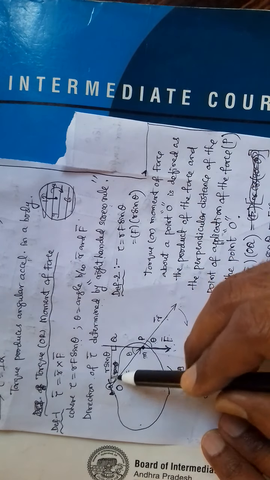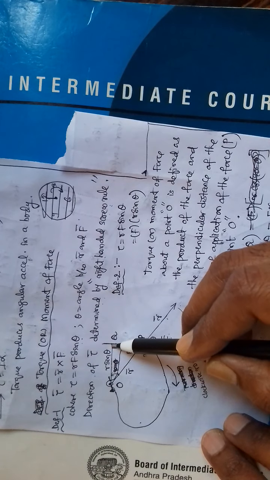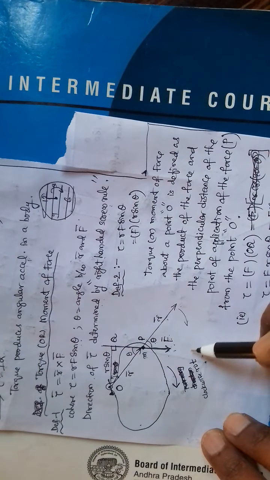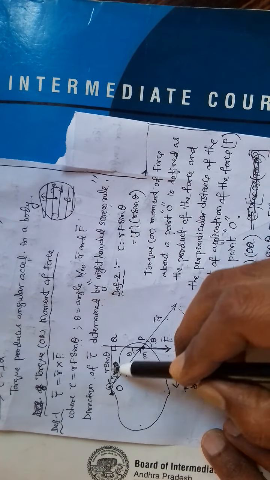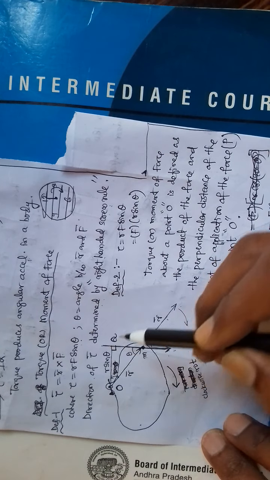Okay. And this R sin theta is the perpendicular drawn from the pivot point to the force vector. See, this is the force vector. On to the force vector, R sin theta is nothing but a perpendicular distance.